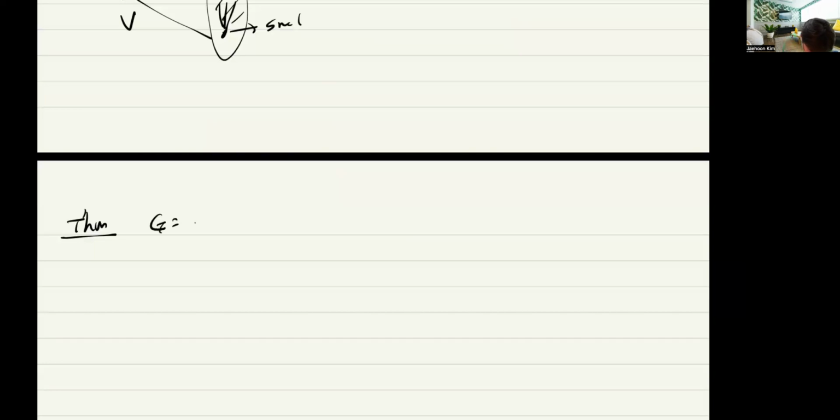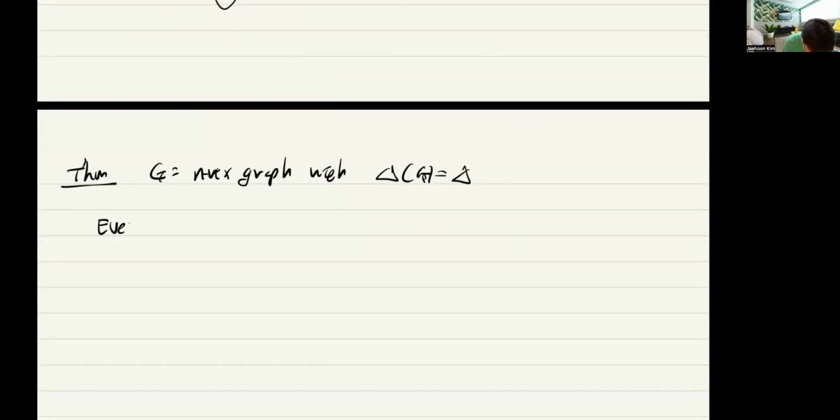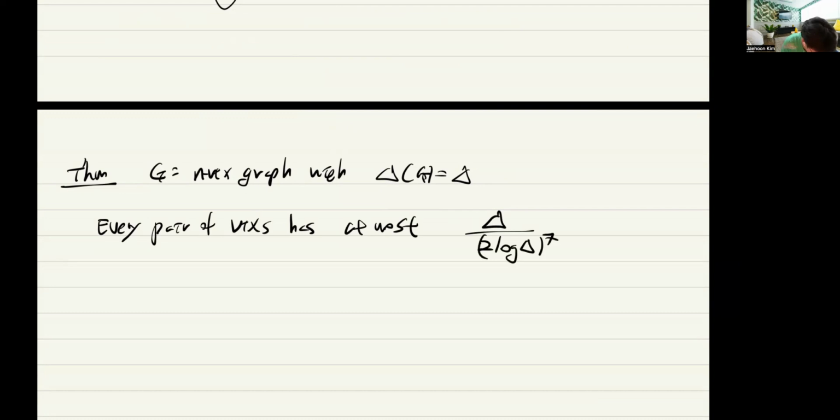Roughly their theorem is something like this. G is an n-vertex graph with maximum degree delta, and every pair of vertices has at most delta over (2 log delta) to the 7 common neighbors.